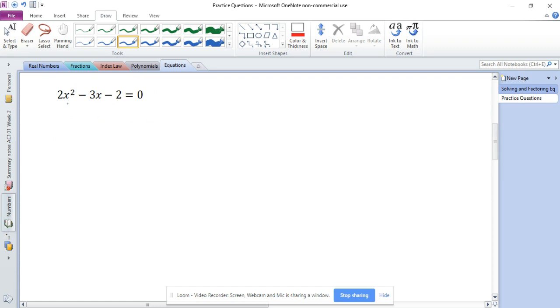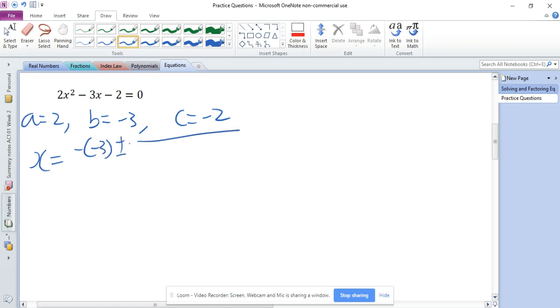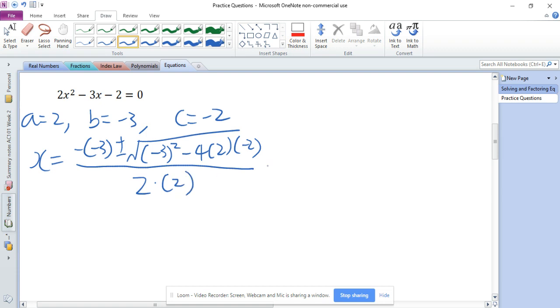Next, the quadratic equation. To solve it, use the quadratic formula. Okay, A is 2, B is minus 3, C is minus 2. Apply the quadratic formula. Minus b, minus minus 3, and then b squared, so it's minus 3 squared, minus 4ac, divided by 2a.